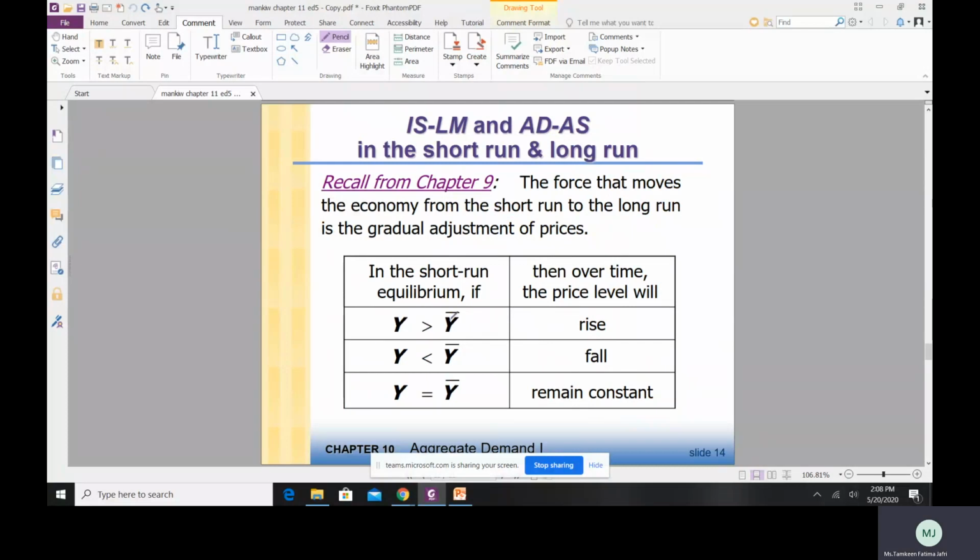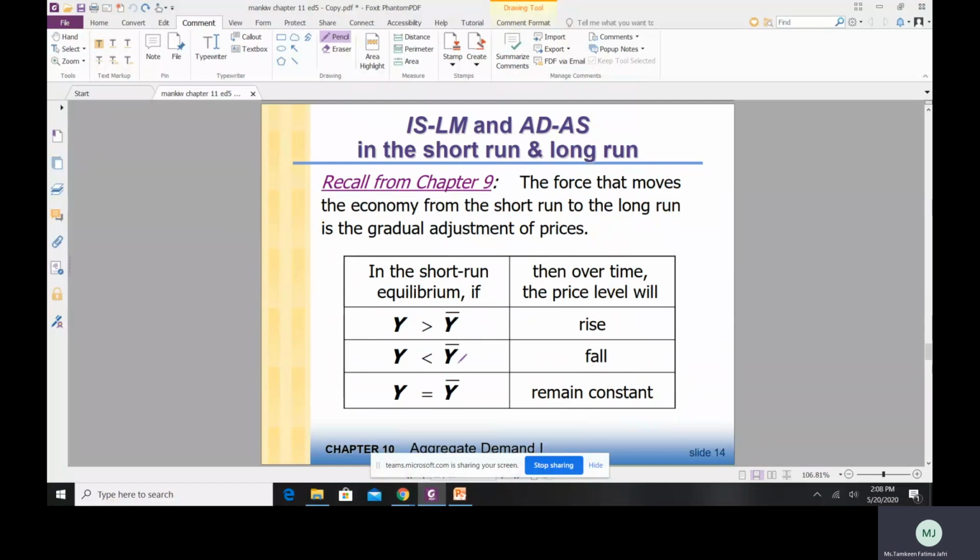Now, if you're producing more than this full capacity, you must be overusing your resources, your labor and capital resources, over time. So as a result, you will have to pay more to the factors of production. So as the cost of production increases, this will gradually result in an increase in output prices as well.